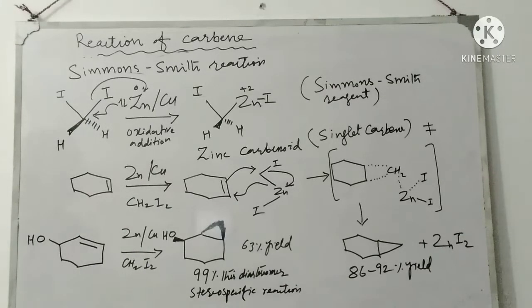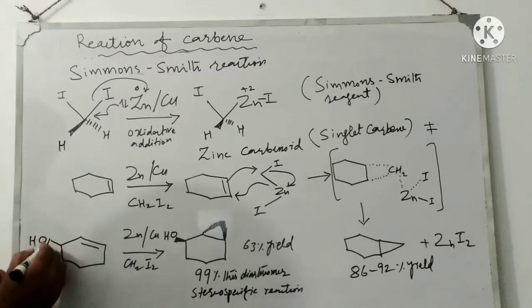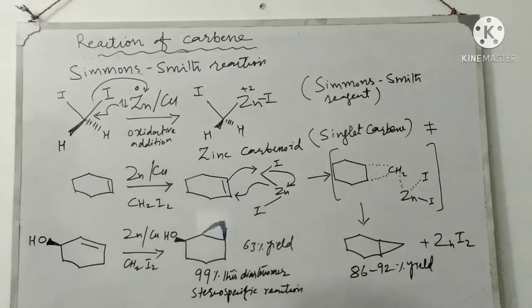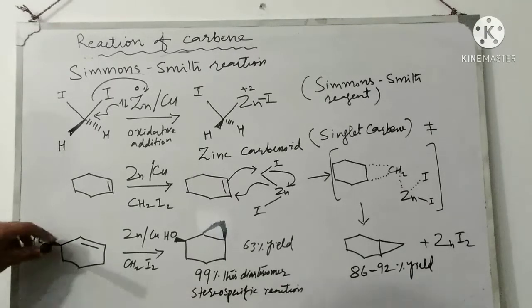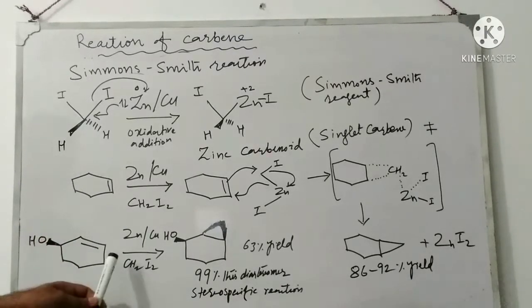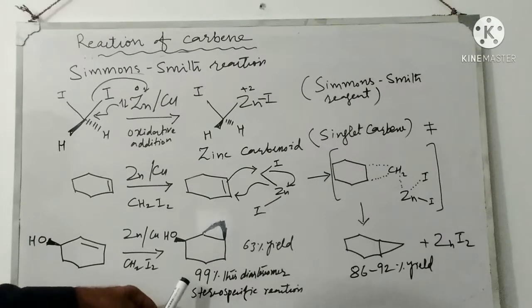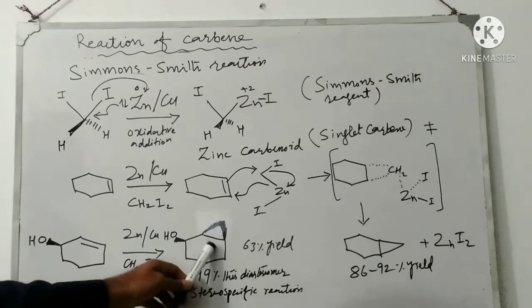There is evidence that in the Simmons-Smith reaction, the zinc carbenoid acts as a singlet carbene. Here this is an allyl alcohol, with the hydroxyl face above the plane of the board. When this undergoes the Simmons-Smith reaction, the product obtained is 99% one diastereomer.